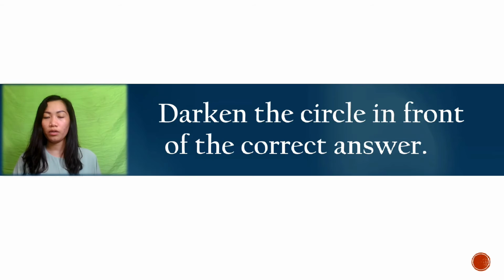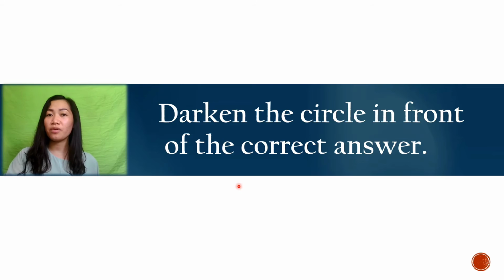If you have your book, kindly open it on pages 32 to 33. So that is your unit test. For your unit test, you're going to darken the circle in front of the correct answer.